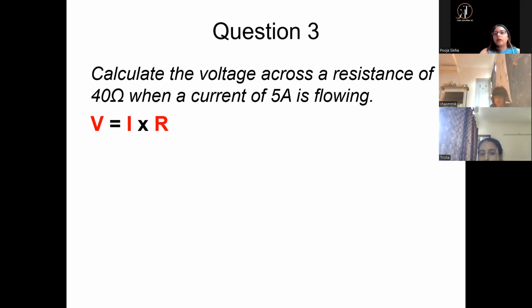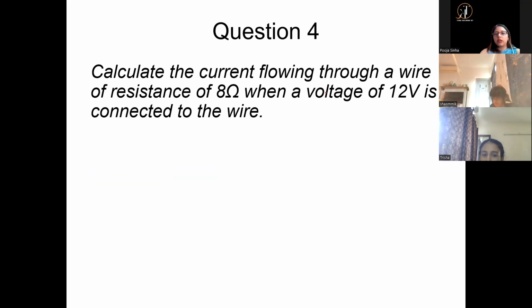Voltage. Quickly, orally कर दो इसको. Shamik, इसका आंसर मुझे बताओ जल्दी. Orally. Calculate the voltage across a resistance of 40 ohms when a current of 5 amperes is flowing. Unmute and speak. 200 volts. Visha, orally.